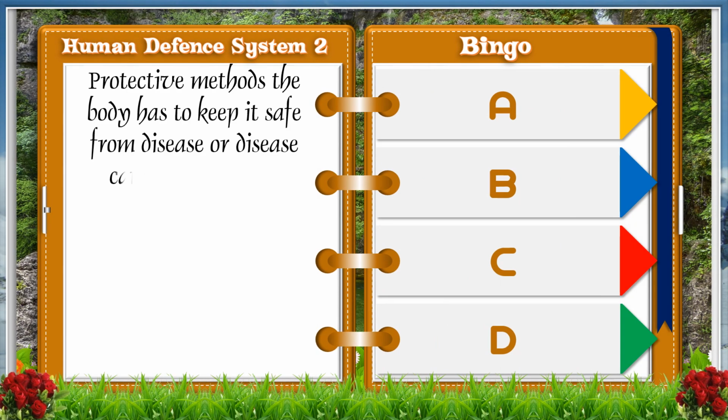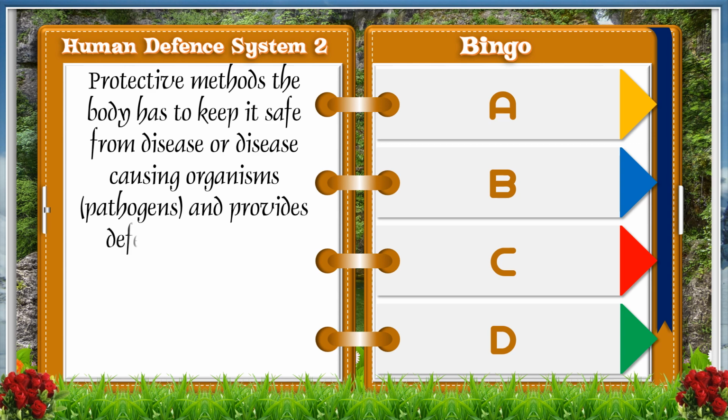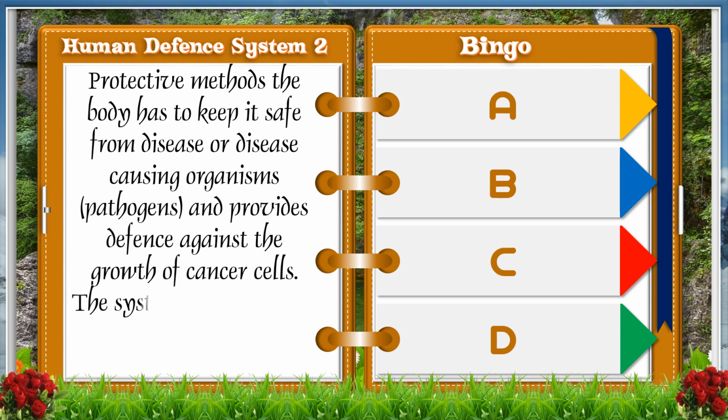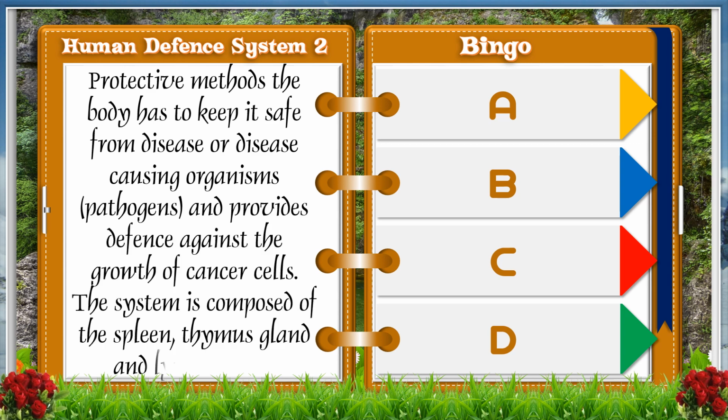Protective methods the body has to keep it safe from disease or disease-causing organisms, those are pathogens, and provides defense against the growth of cancer cells. The system is composed of the spleen, thymus gland, and lymph node.